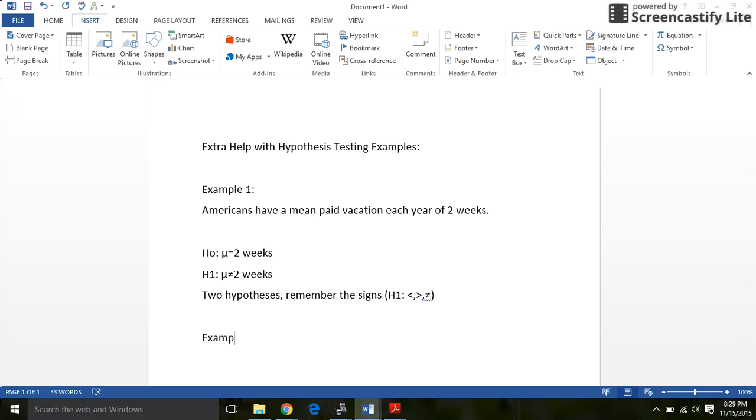Let's do example 2, and let's do one about the average commute in Atlanta, be great if I could spell tonight, is greater than 45 minutes.